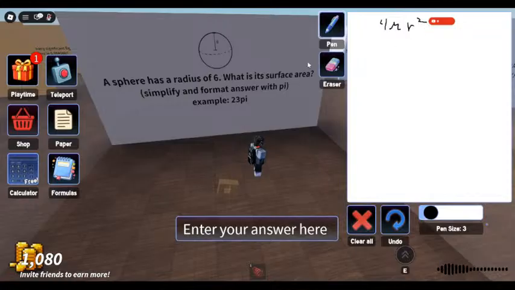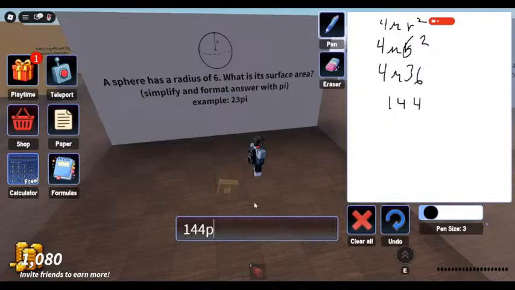So then r squared, which is 6. 4 pi, 6 squared is 6 times 6, which is then 36. 36 times 4 is 144.